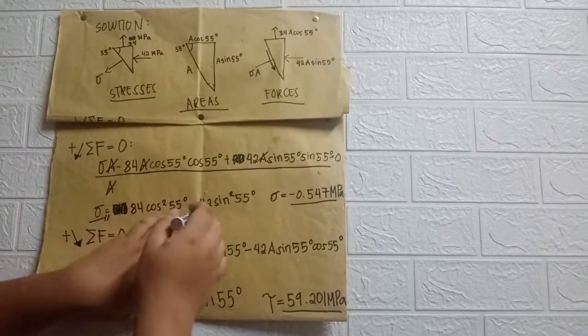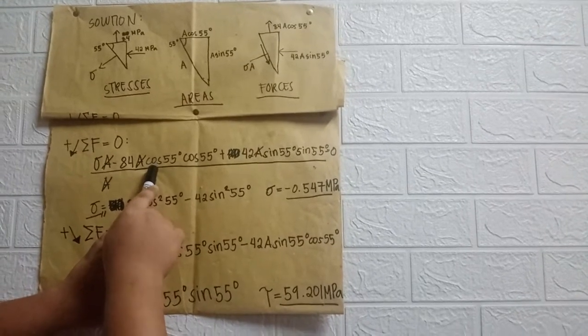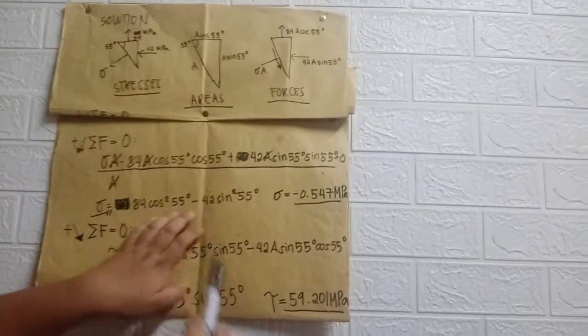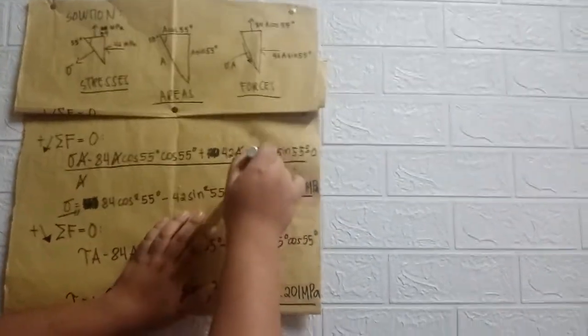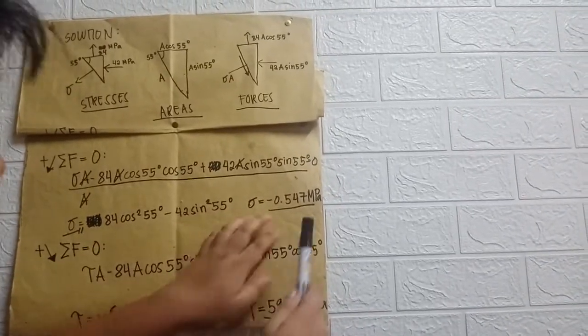Cosine squared 55 degrees is because cosine times cosine is cosine squared, and then sine times sine is sine squared 55 degrees. So this is the answer.